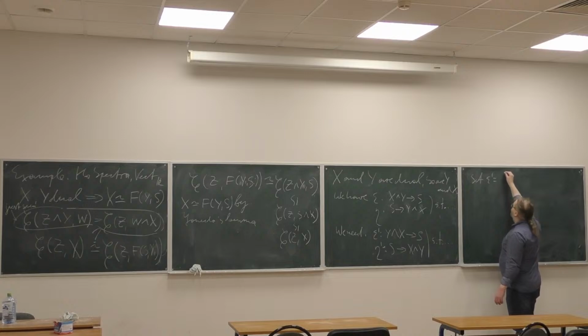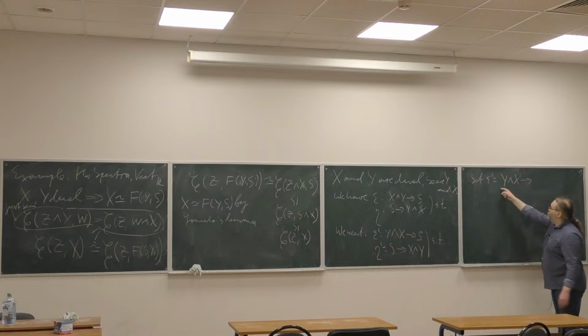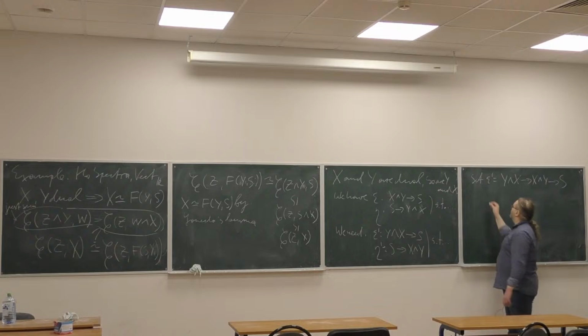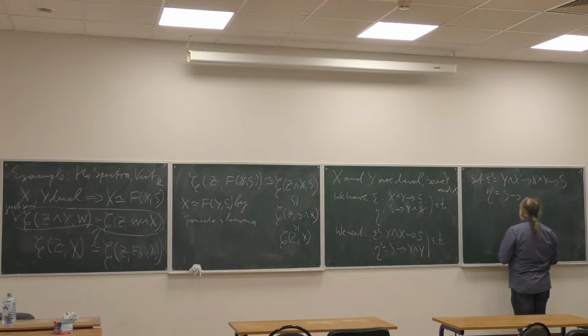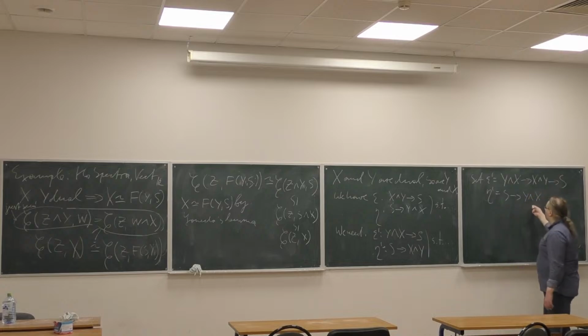So we start with Y, X, we swap the two factors, we get X, Y. And similarly, so this is the old epsilon, and this is the old eta.